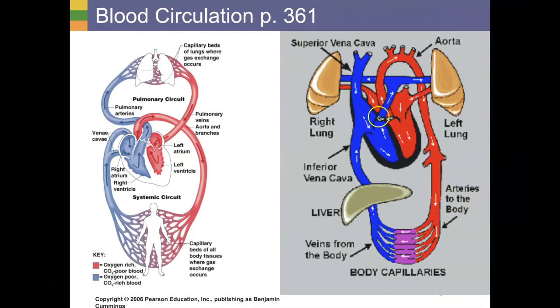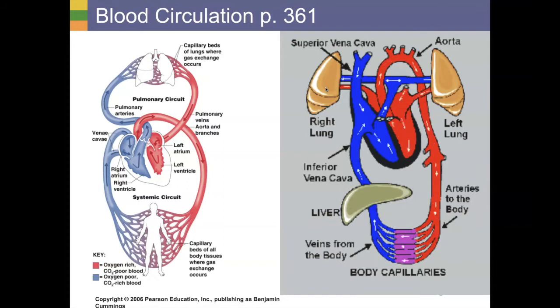Once this deoxygenated blood leaves the heart from the right side, it's going to travel through these arteries, because remember, arteries carry it away, to the lungs, where that deoxygenated blood is going to go into the capillaries of what's known as the alveoli in our lungs, and it's going to transfer its carbon dioxide.